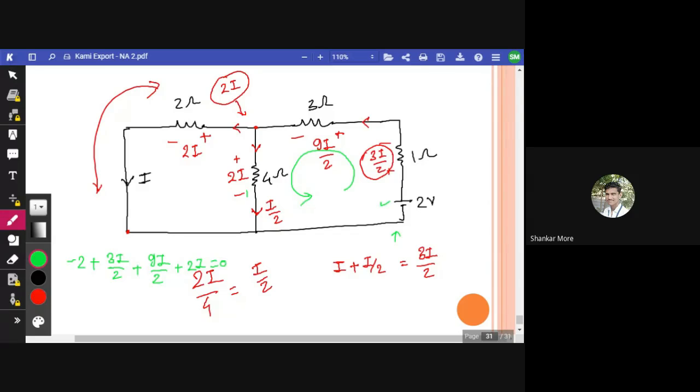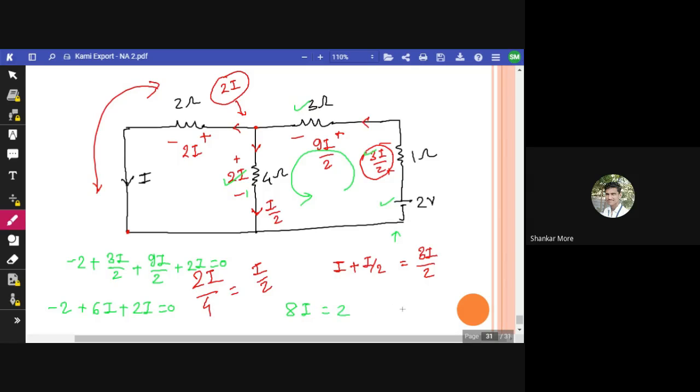All right, if you solve this, it will be minus 2. 3i plus 9i is 12i by 2, which can be simply written as 6i. 6i plus 2i is equal to 0. Now 8i is equal to 2, so i is equal to 1 by 4. All right, so we have verified the reciprocity theorem.